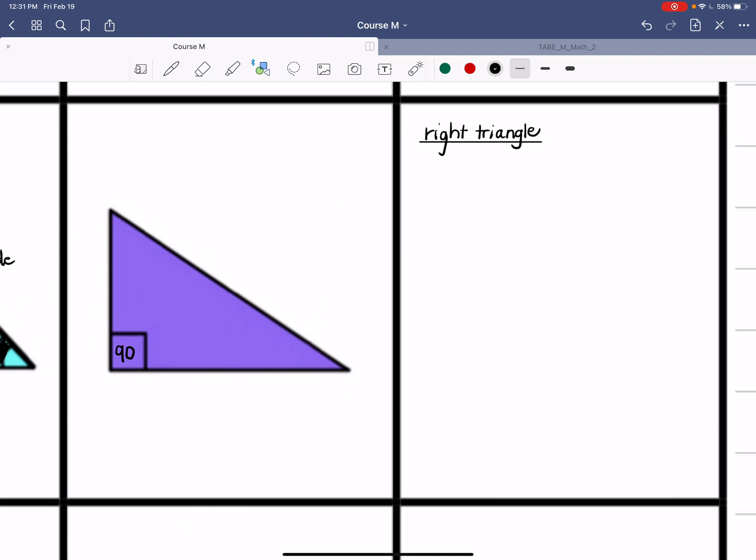A right triangle has one 90-degree angle. Exactly 90 degrees. Not 90.1 or 89.1 or anything like that. It has to be smack on 90. And then it will have two acute angles.